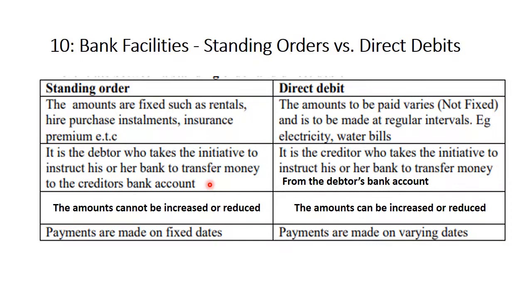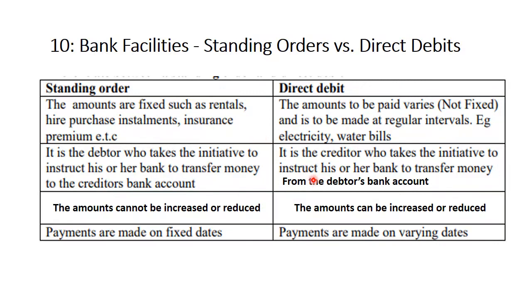So it is you who is expected to pay money who takes the initiative, meaning that it's you who plans and informs your bank that money should be transferred from your account to the person who is supposed to receive the money, that is the creditor's bank account. So money is going to be transferred from you, the debtor, to the creditor.